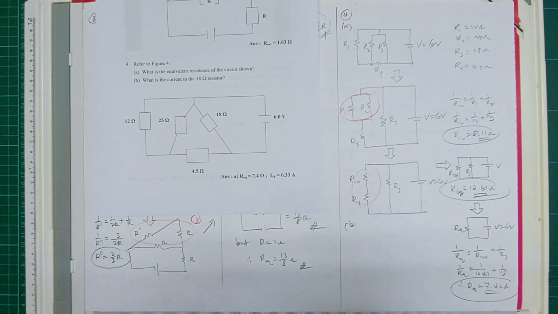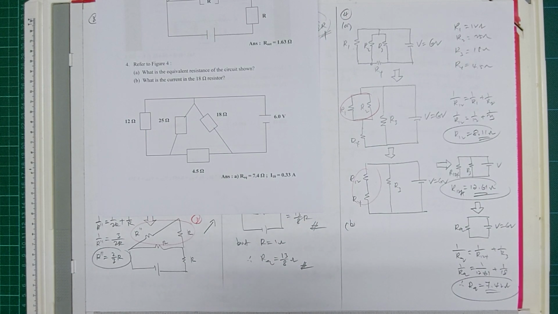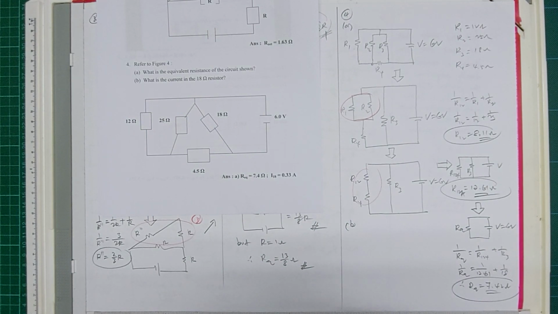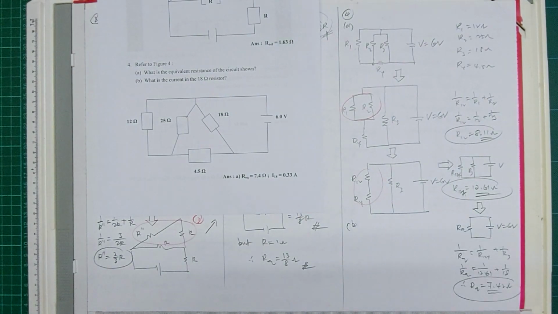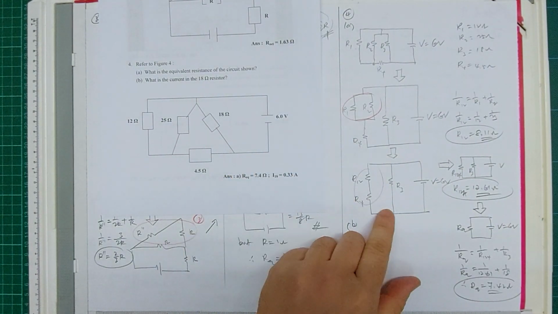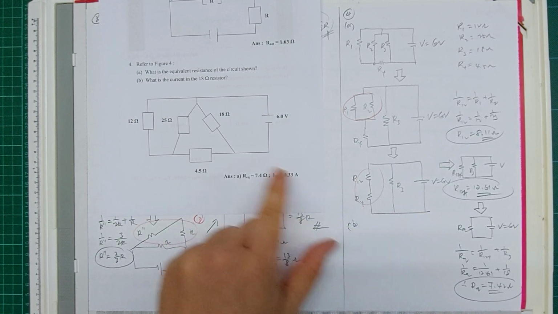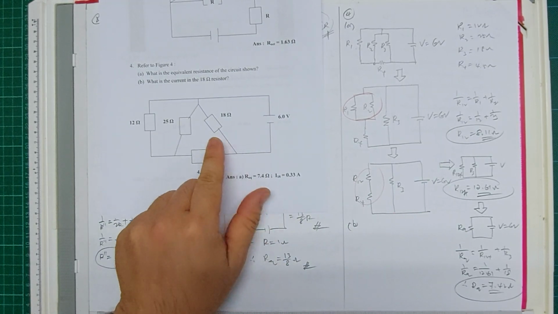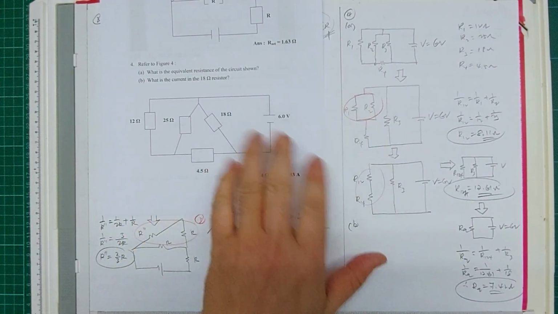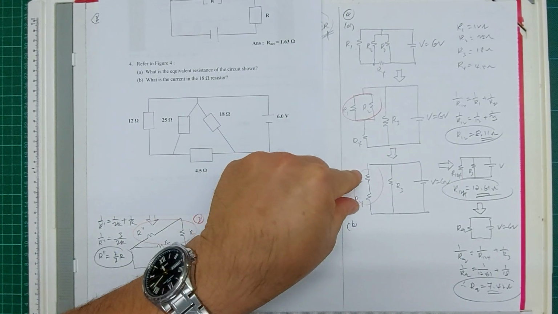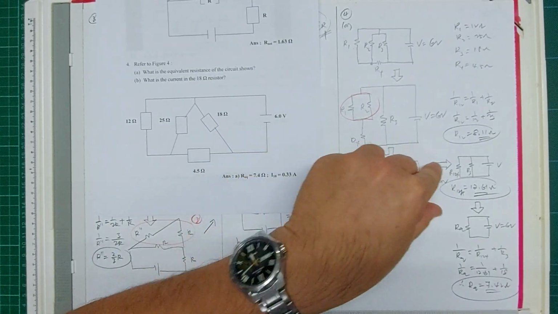Okay, next one, B. What is the current in the 18 ohms resistor? Okay, 18 ohm resistor is this one. So see that we use this diagram, rather than this one, because by using this one you cannot see what the detail is. So when you see this, R12 and R4 and R3 are actually parallel with the battery.